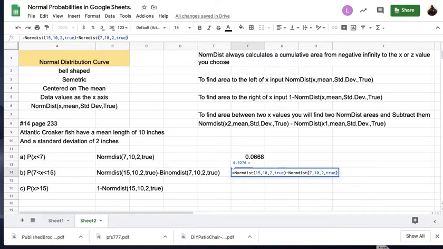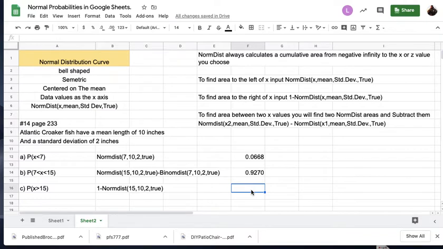And if we did this one correct, we should get 0.9269, somewhere like that. 0.9270, rounded up, okay.